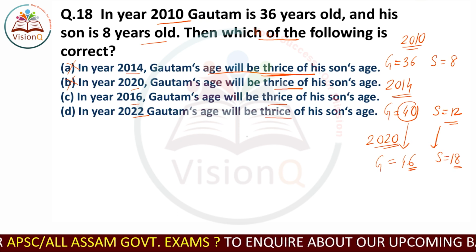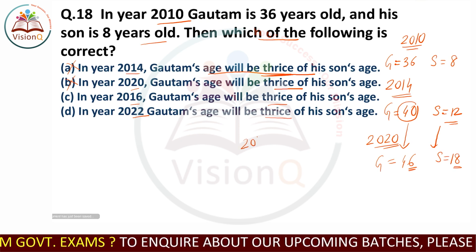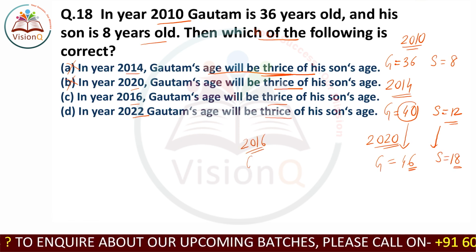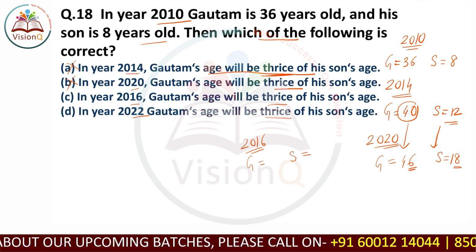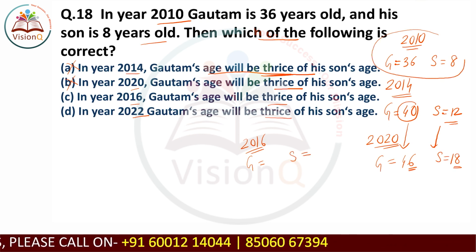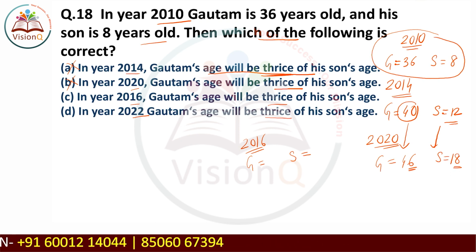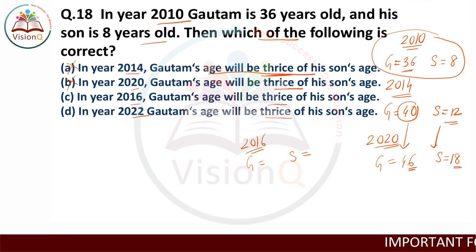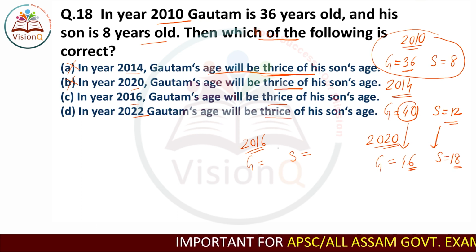In 2016, I have to find Gautam's age and the son's age. You can start from 2010 or from 2014. In 2010, Gautam's age was 36 years, so in 2016 it will increase by 6 years: 36 plus 6 is 42 years.